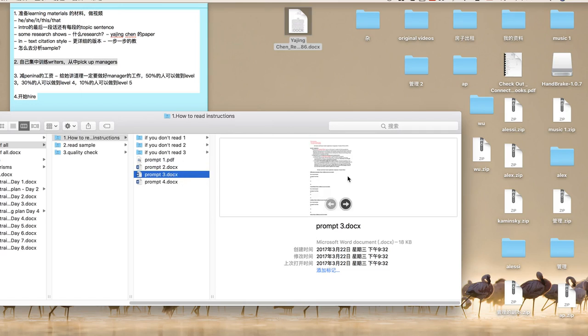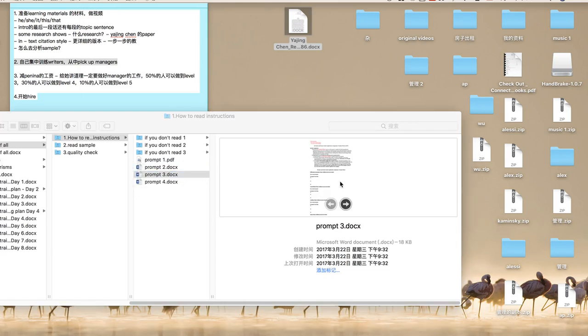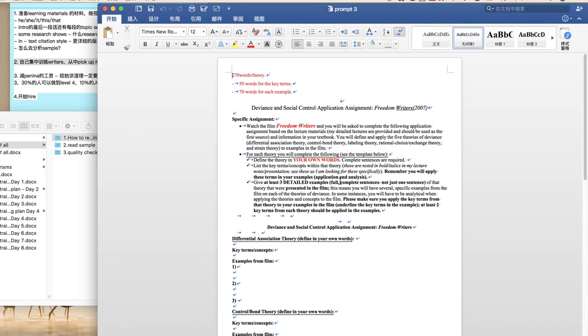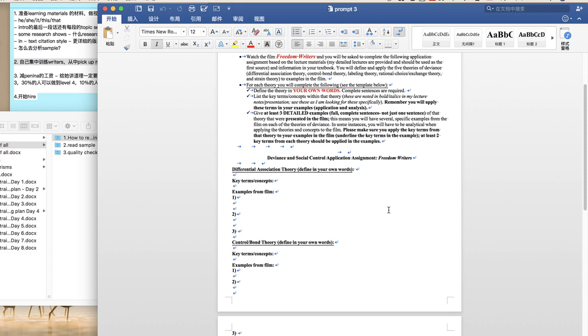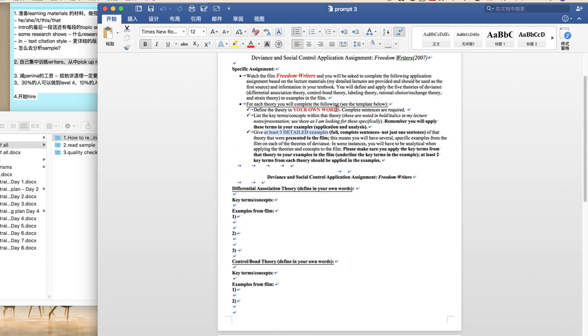Let us look at prompt 3. Yeah, you also need to highlight the important parts, and you need to be very careful. It stated at least 3 detailed examples. So in your writing, you cannot give me 2 or 1 samples.